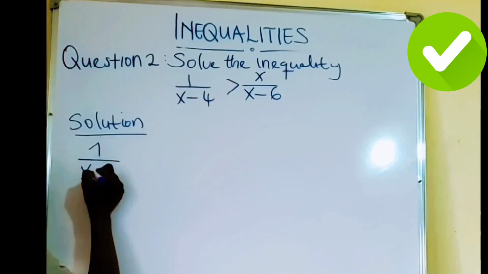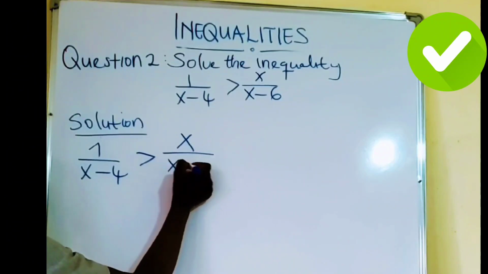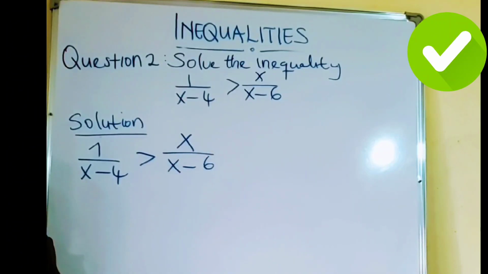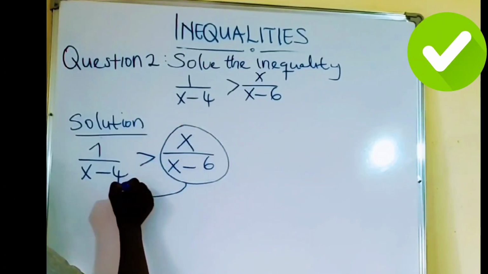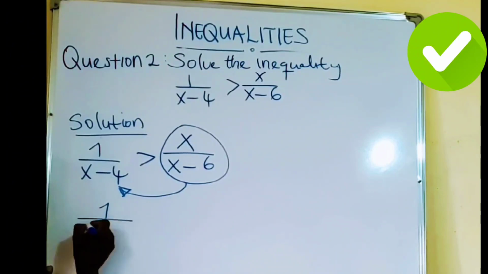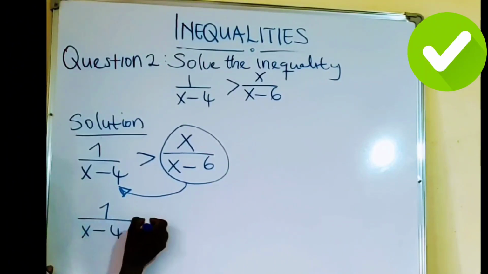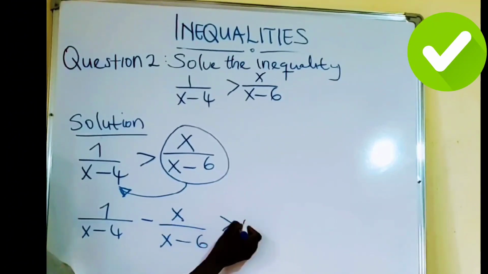We have 1 on x minus 4 greater than x on x minus 6. So we send this to the left hand side. That will give us 1 on x minus 4 minus x on x minus 6 greater than 0.